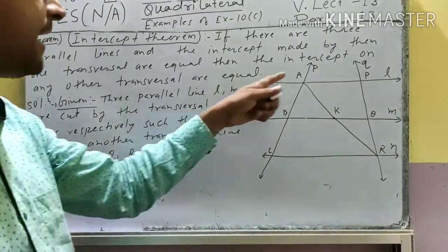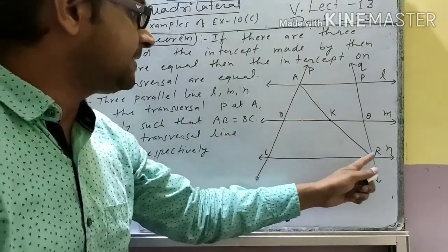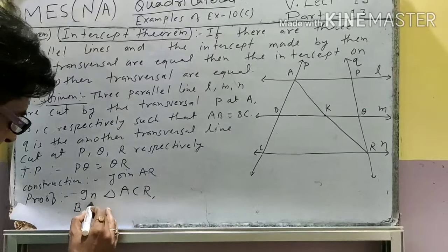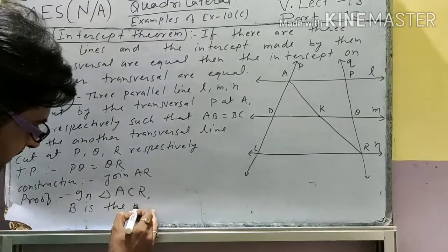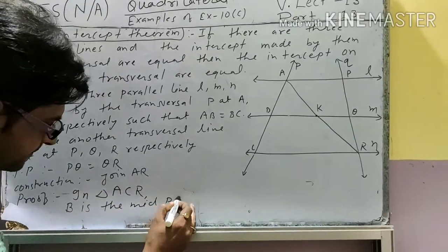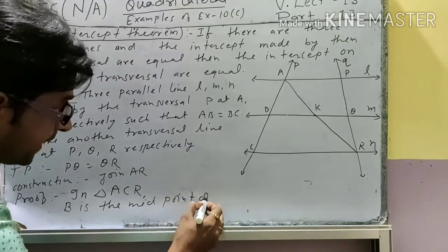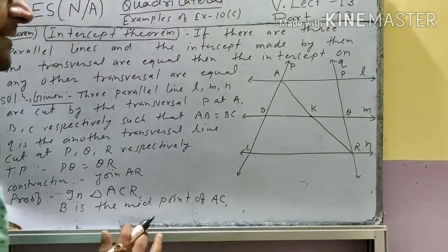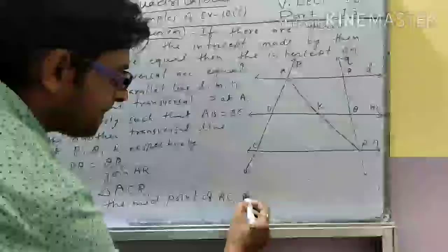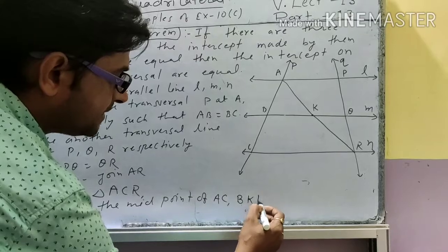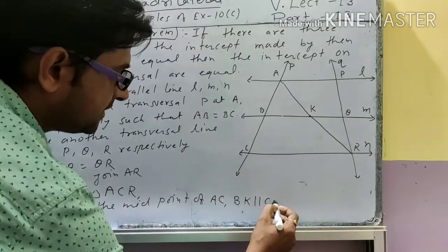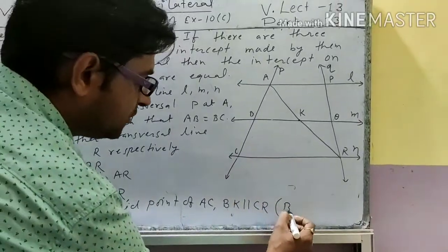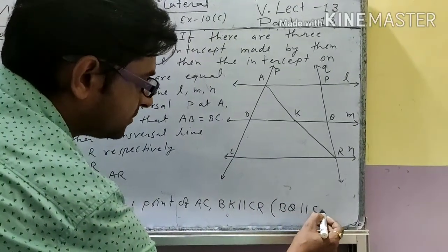In triangle ACR, we can say here B is the midpoint of AC, and BK is parallel to CR. And in bracket you can write here BQ is parallel to CR.